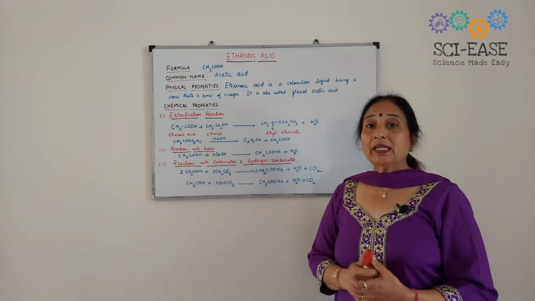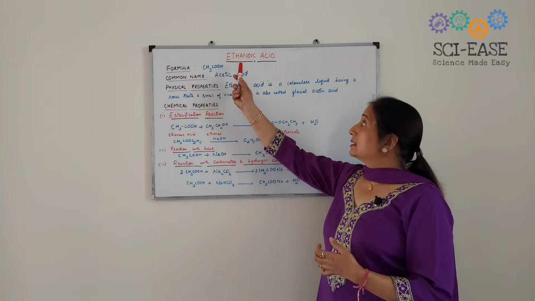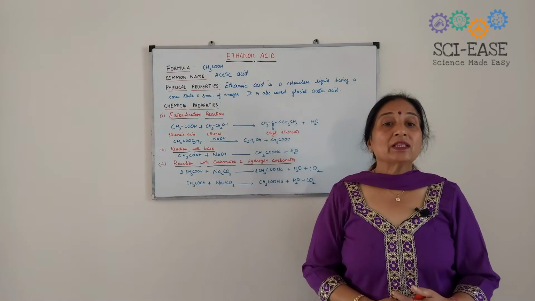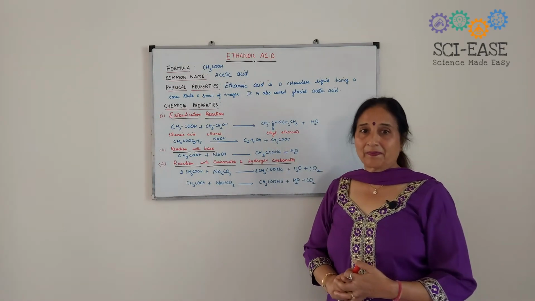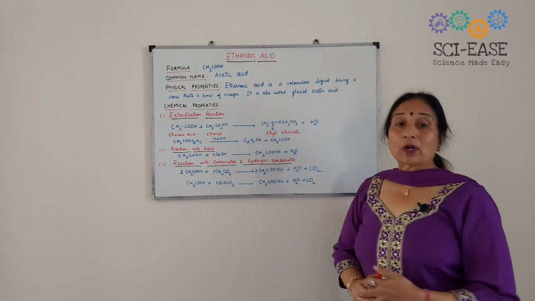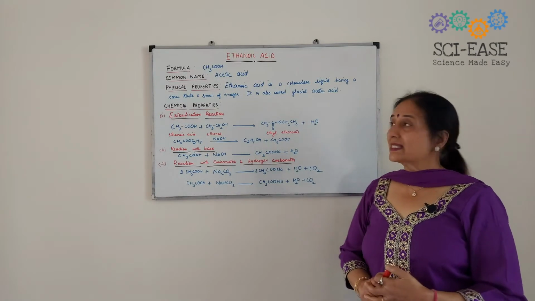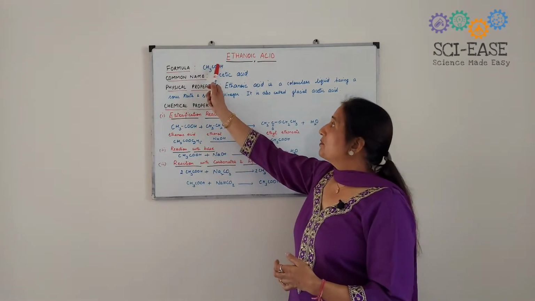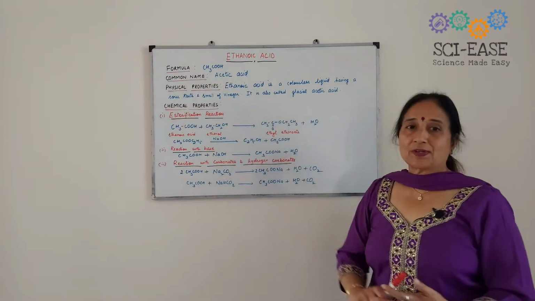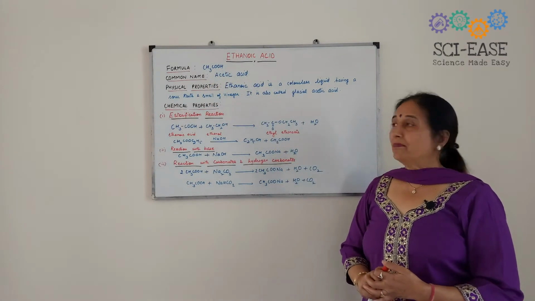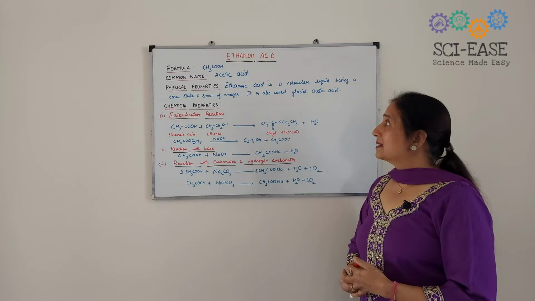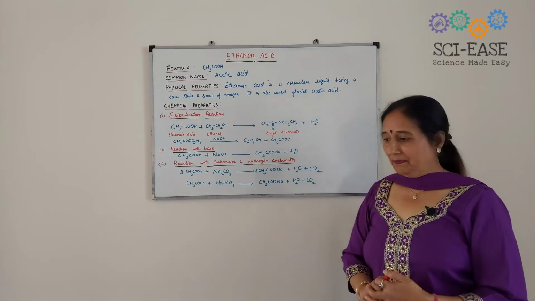Now in this video, we will study ethanoic acid. First, what is the formula of ethanoic acid? CH3COOH. Common name, that is acetic acid.